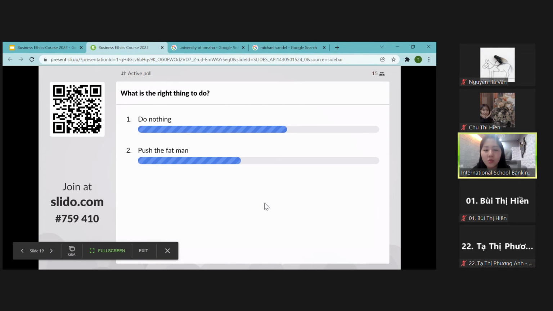So why? What happened here? What is the underlying reason that makes you change your mind? Anybody has anything to share with me? Why is it okay in the first case to kill 1 to save the 5, but in the second case it's not okay to kill 1 and save 5?